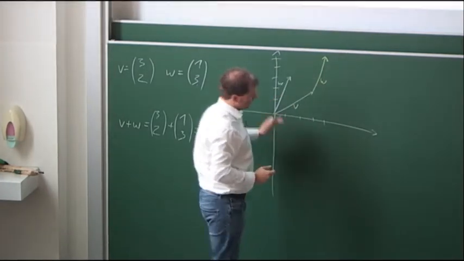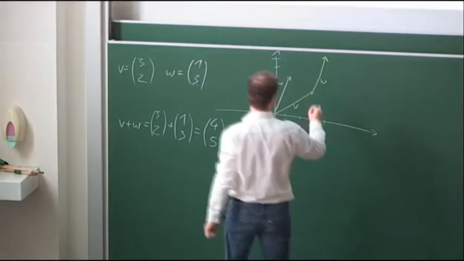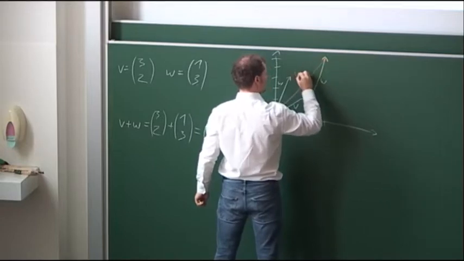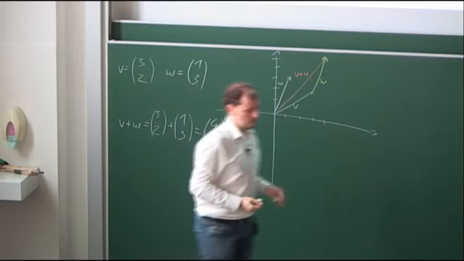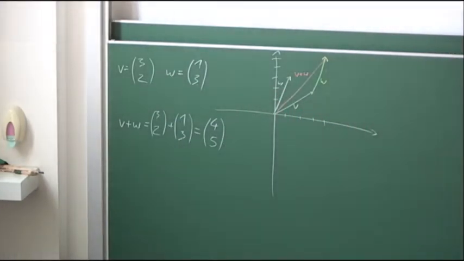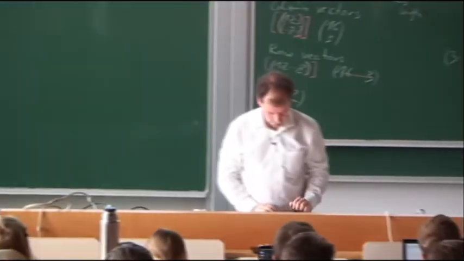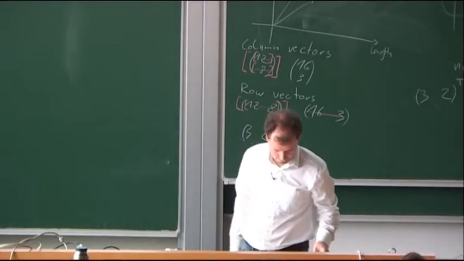And now this entire vector is v plus w. Okay, let's do that in Python. It's very simple. We just say v plus w as 4, 5, just what we calculated on the blackboard.